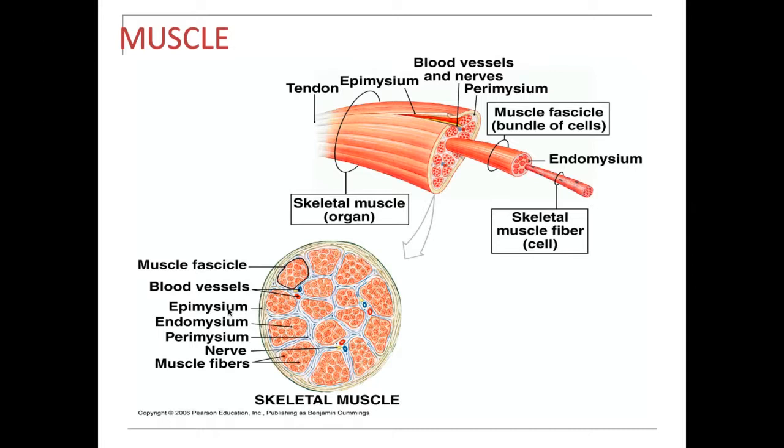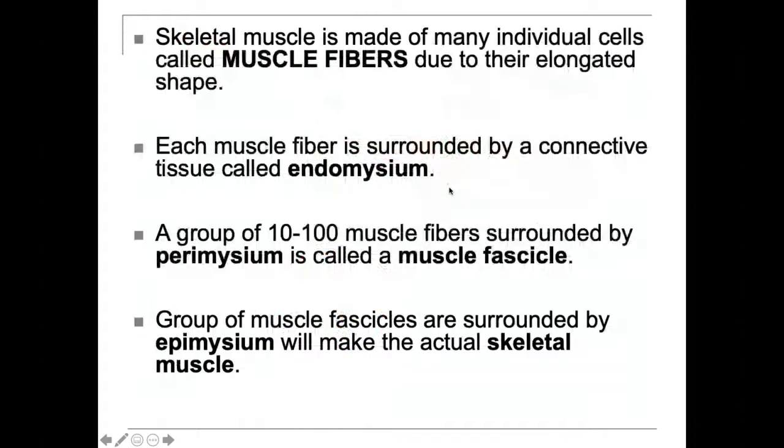So those are the three main layers that are surrounding muscle. So the smallest muscle fiber, we have these muscle fibers, and each one is surrounded by an endomysium. When you get a bunch of these endomysiums, they're surrounded by what we call a perimysium, but this is also one fascicle. When you get a bunch of these fascicles, they're surrounded by an epimysium all the way around.